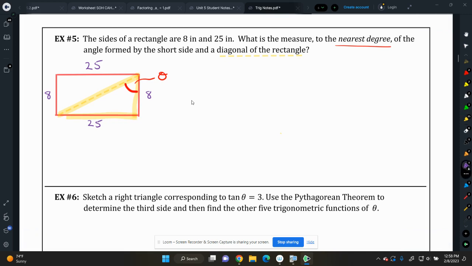Opposite and adjacent. Which trig function in SOHCAHTOA uses opposite and adjacent? Tangent. So we're going to say tangent of theta, whatever this angle is, I don't know yet, but tangent of that angle will be the opposite, which is 25, over the adjacent, which is 8.